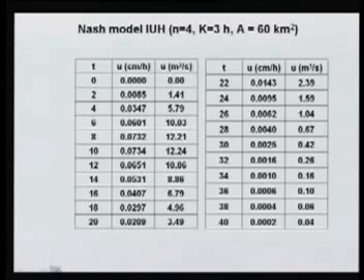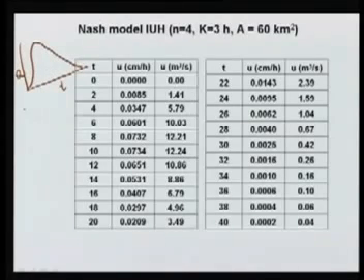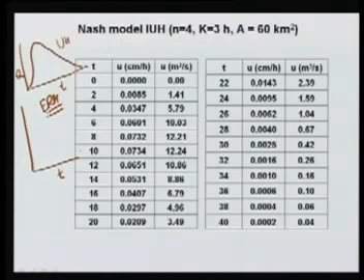For example, we have seen the Nash model, in which the instantaneous unit hydrograph, T versus Q, the effective rainfall which causes this instantaneous unit hydrograph is a rainfall of very high intensity and very small duration.